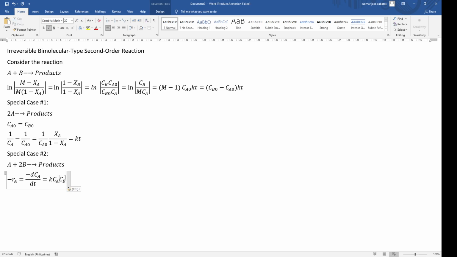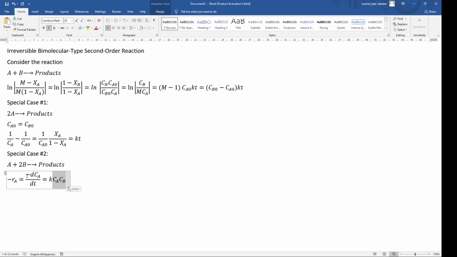Since 1 plus 1 is 2, this still falls under second order. Kung nana siya square dira, meaning third order na kay 1 plus 2 is 3. But since this is a second order, so inani ang ato ang rate equation.